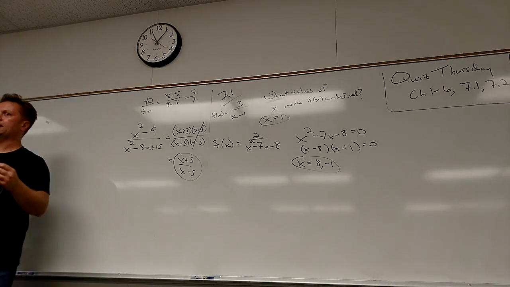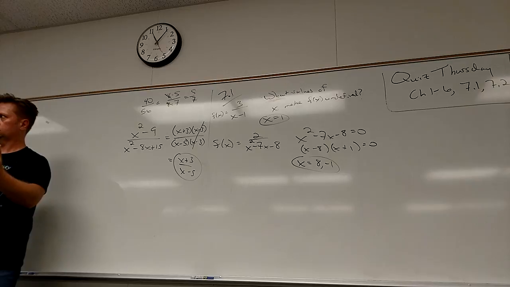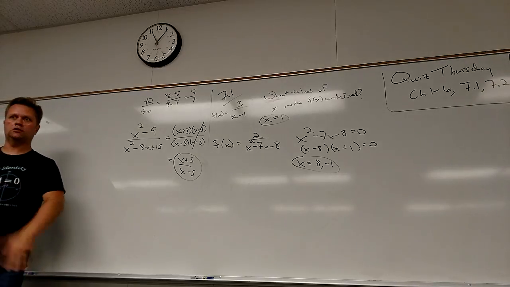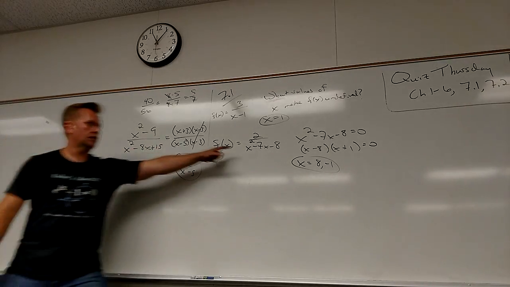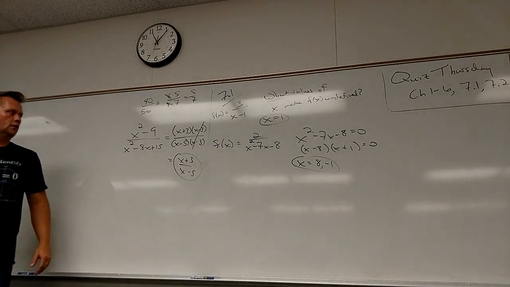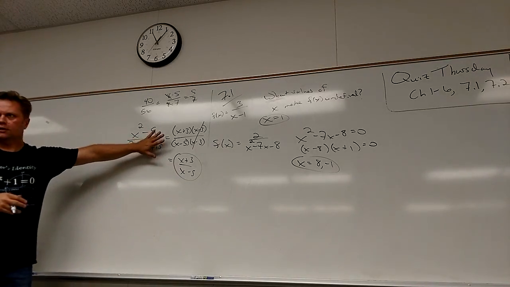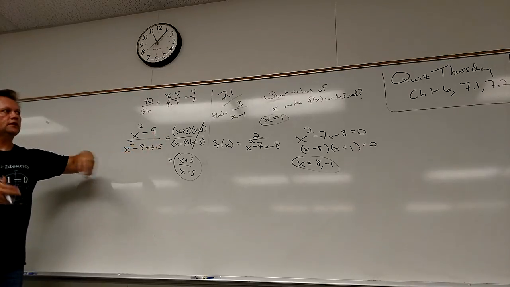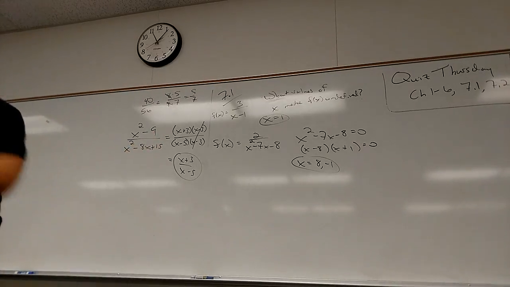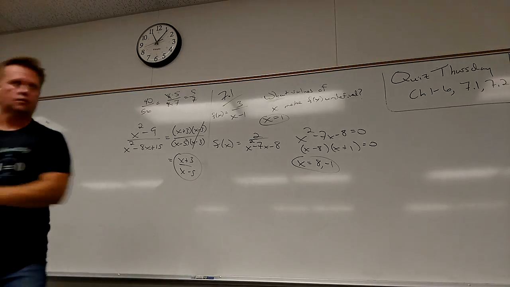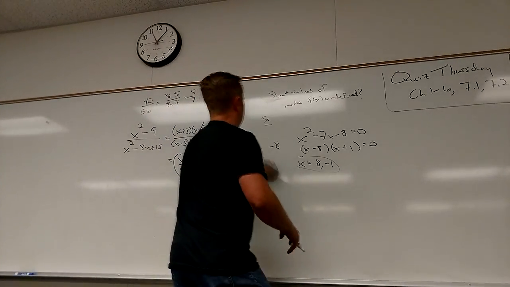If you cannot factor, chapter 7 will be impossible for you. Especially 7.2, you know what I mean, right? But 7.1 is going to have some of these. 7.1 is like reducing stuff too, so it's going to have this stuff here. 7.2 involves, this is the last thing we're doing, by the way, this kind of problem.